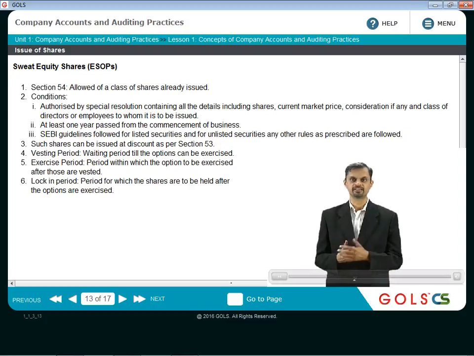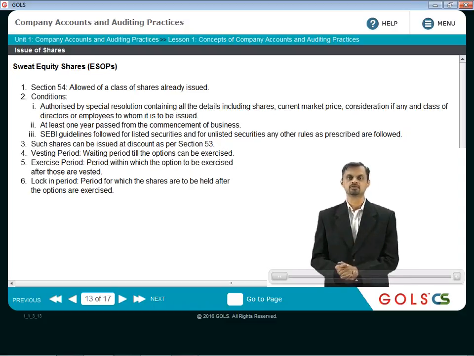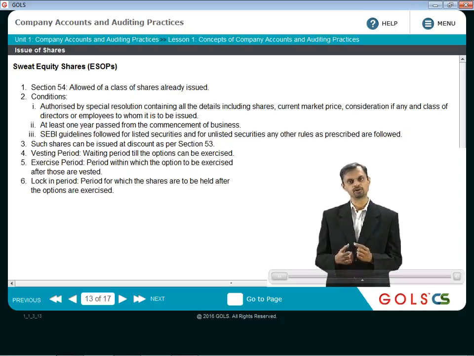So suppose today is 10th December, the sweat equity options are issued, and the company says that for a minimum of the next 1 year these options cannot be exercised. So the employees cannot convert this, cannot exercise this option and take the shares. So the waiting period is 1 year.